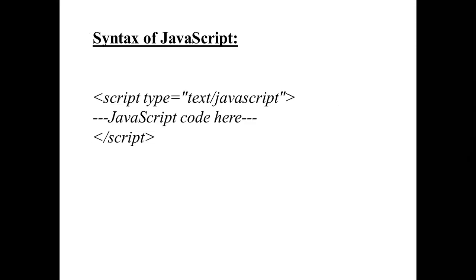Next, the syntax of JavaScript. This is the syntax: script type equal to text slash JavaScript, then the JavaScript code, and then end the script. So these are the script tags: script type equal to text slash JavaScript, JavaScript code here, and slash script.